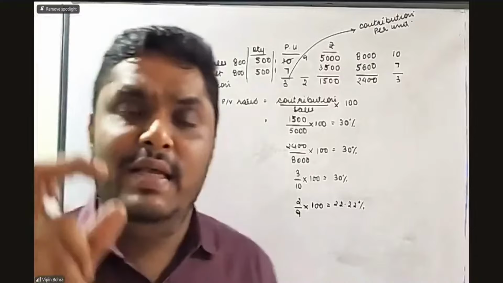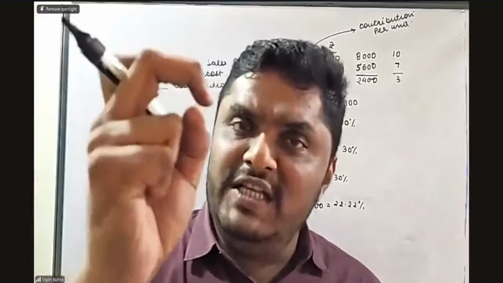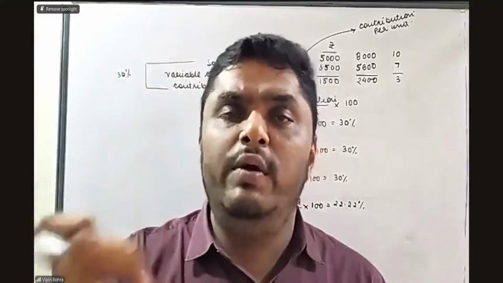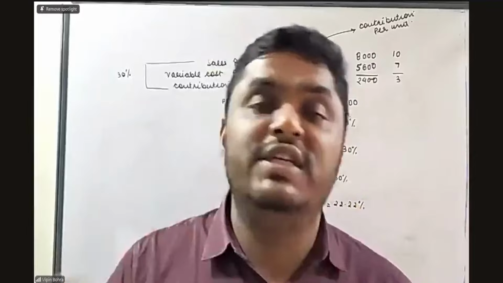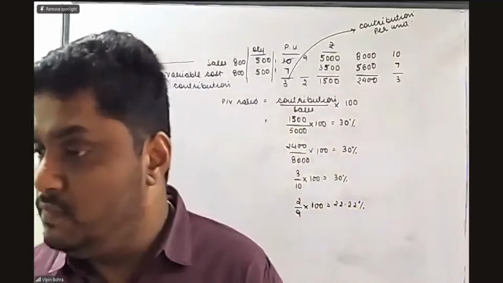So the point is, till the time the selling price per unit, the variable cost per unit, and the contribution per unit remain same, there will be no change in PV ratio.